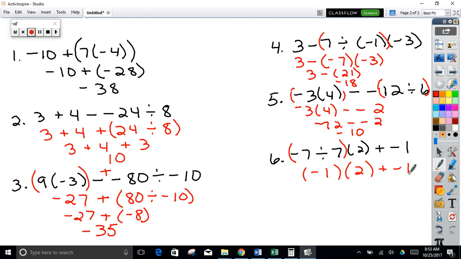And negative 1 times 2 equals negative 2 plus negative 1. And then negative 2 plus negative 1 is negative 3. Negative 2 plus negative 1, same signs. Add and keep. Okay? So if you did the 7 times 2 first, again, you'd end up with negative 1/2 plus negative 1, which would be negative 1 and 1/2.